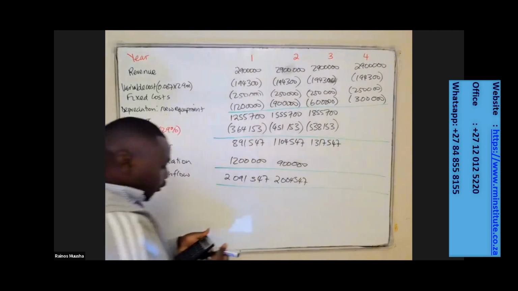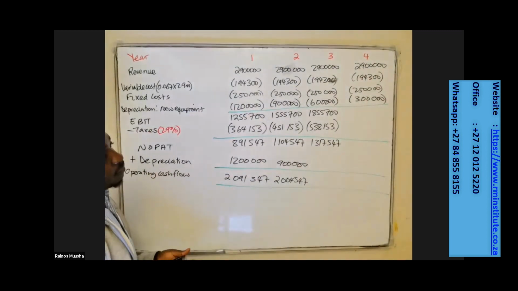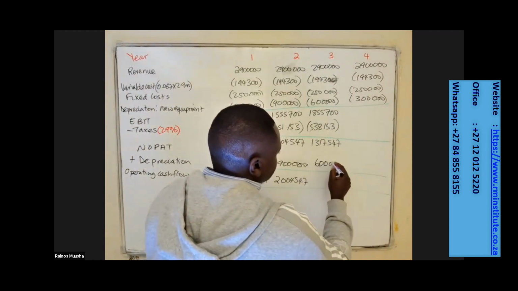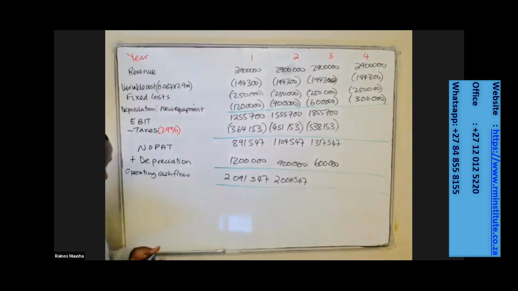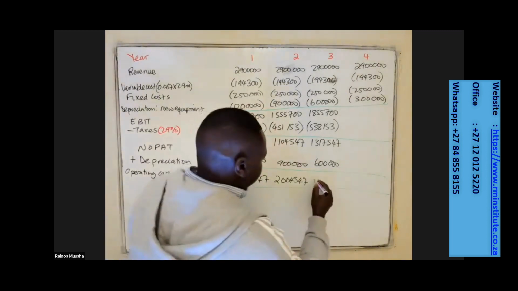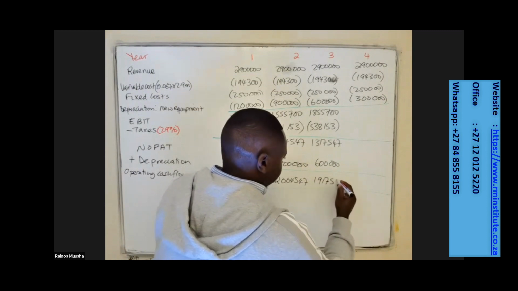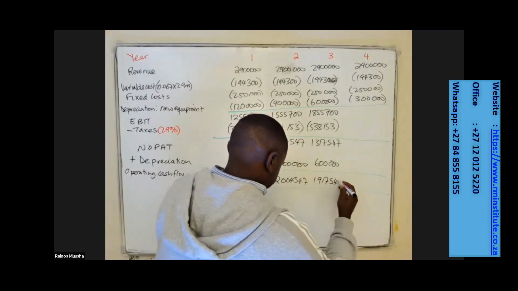Then if you add back depreciation of 600,000, this should give you a figure of 1,917,547.